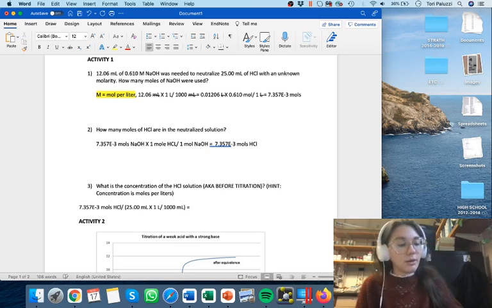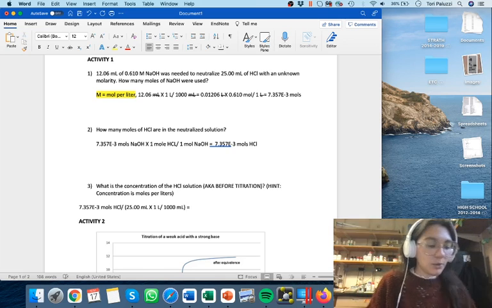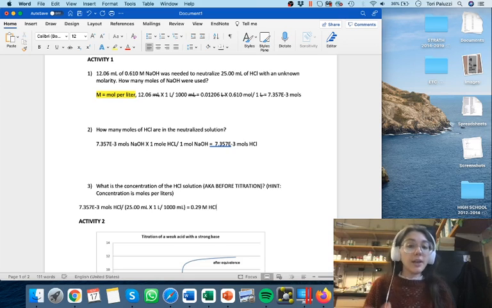That then equals this many moles divided by 0.025 liters, which gives me a concentration of 0.29 molarity of HCl. So there we go. That's how to do these calculations. That's why titrations are so cool: they can give us unknown concentrations by simply finding that equivalence point.